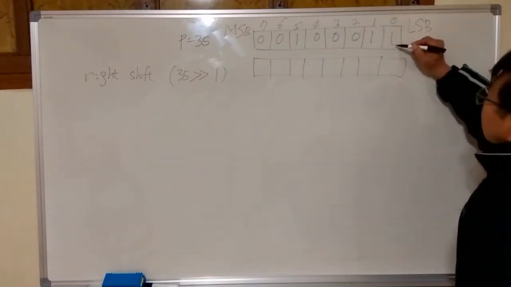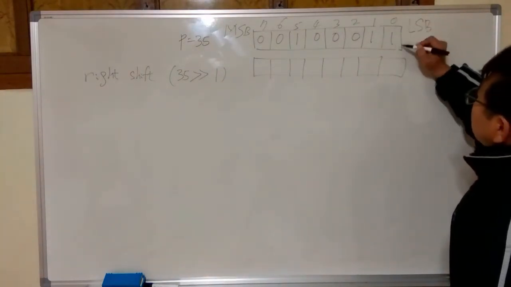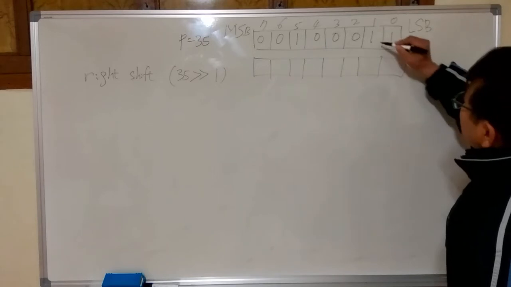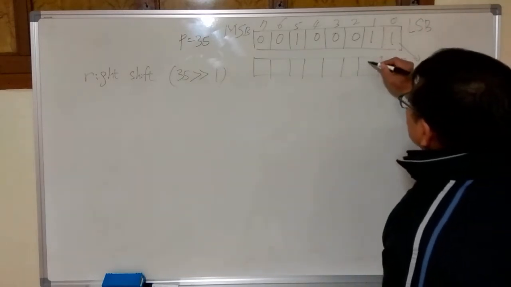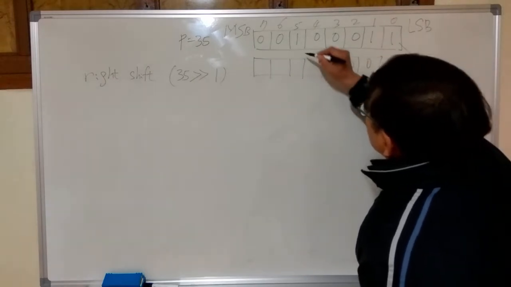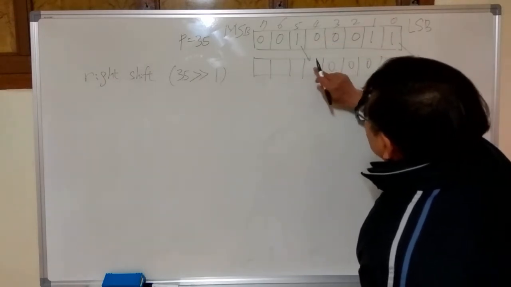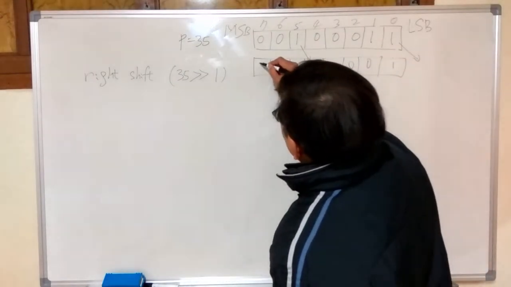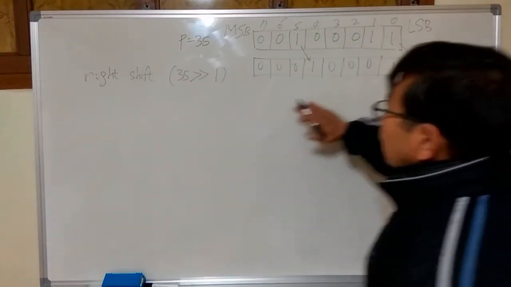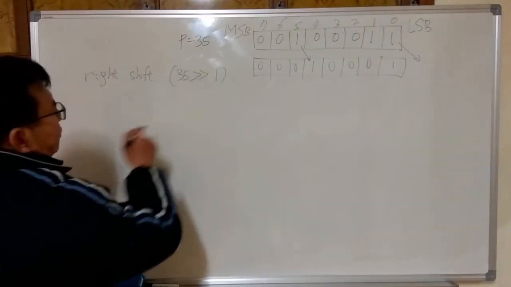The zeroth bit goes off, and the first bit comes down here. This bit comes here, here, here, and this bit falls down here. A 0 is inserted at the top. This is the result of this operation.